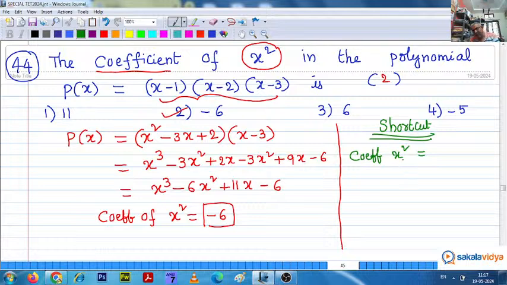So just one less than the highest degree. If you are asked for the coefficient of x square, it is minus of (1 plus 2 plus 3). That's the whole answer. So this is equal to minus 6. Yes, the sum of the roots multiplied with a negative sign. So minus 6.